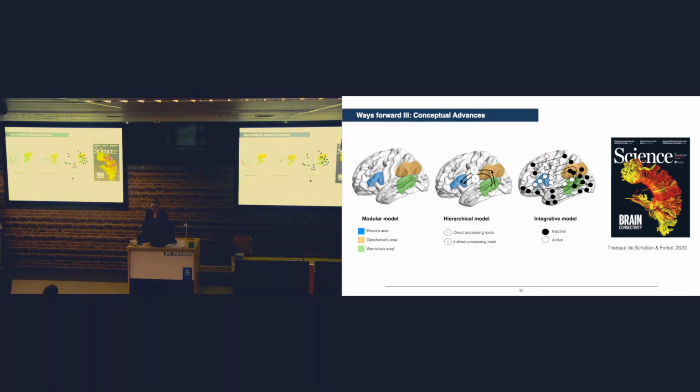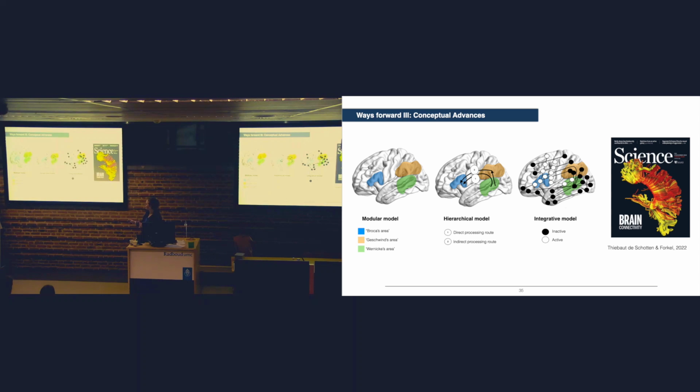Now, another way forward is to think differently. And you've basically seen the story of this figure. So the early days, we had a modular approach to language in the brain: Broca's, Geschwind's, Wernicke's, articulation, concepts, and comprehension. We have seen that the story is more complex than that.